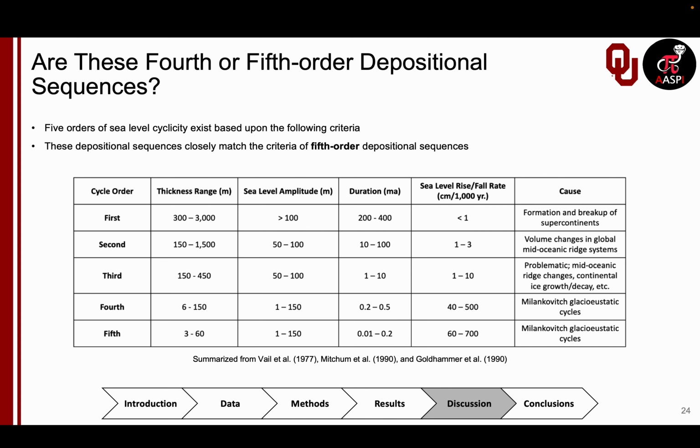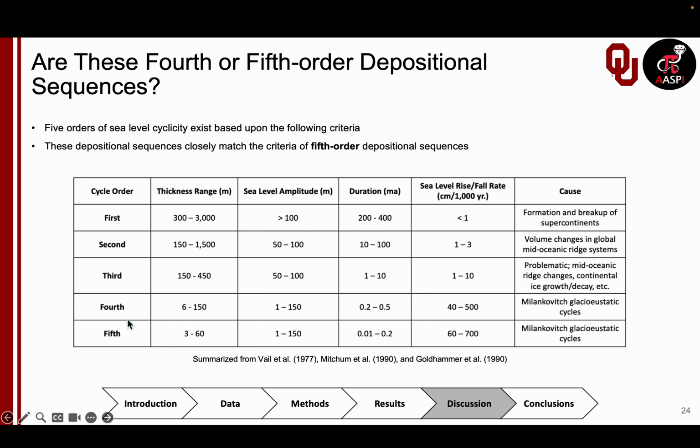And as we all know, 5 orders of sea level cyclicity exist based upon the following criteria laid out by Vail, Mitchum, and Goldhammer. And so on one end of the spectrum, you will have first order depositional or sea level cycles, which will occur over a very long period of time. So these are going to happen over a span of time anywhere from 200 to 400 million years.